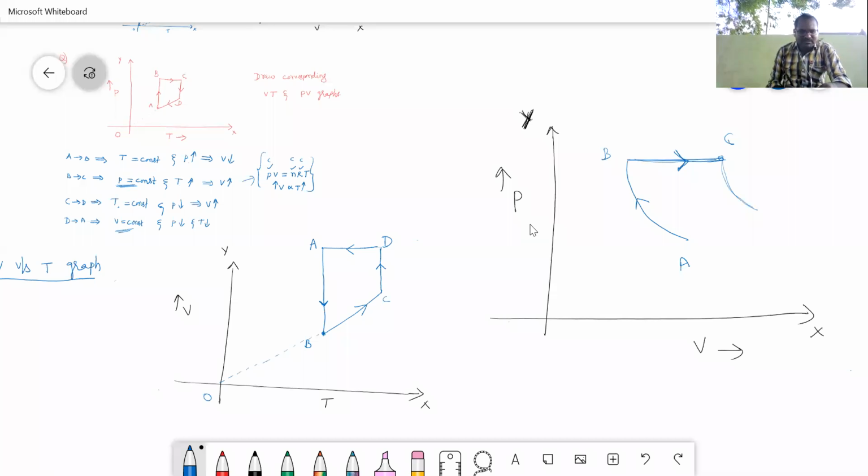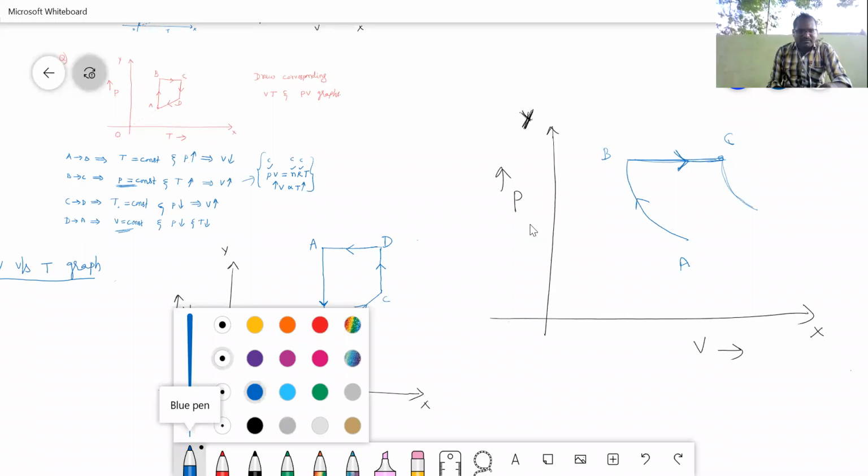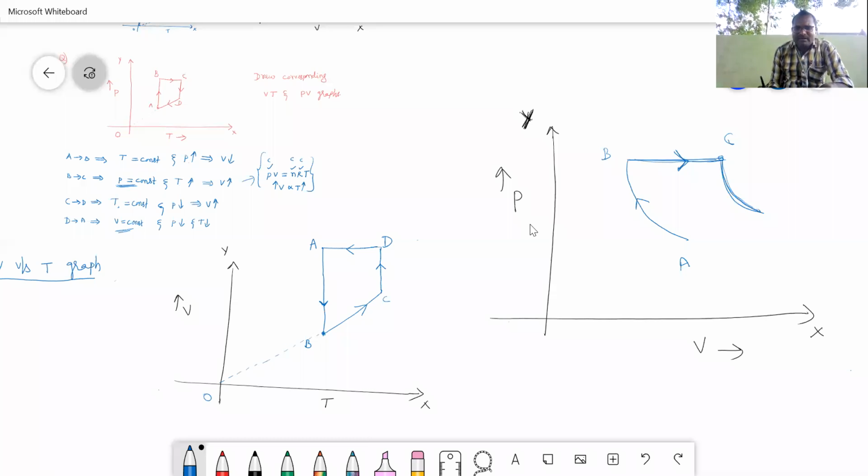C to D, again rectangular hyperbola. Okay. But what happened? Pressure decreasing, volume increasing.